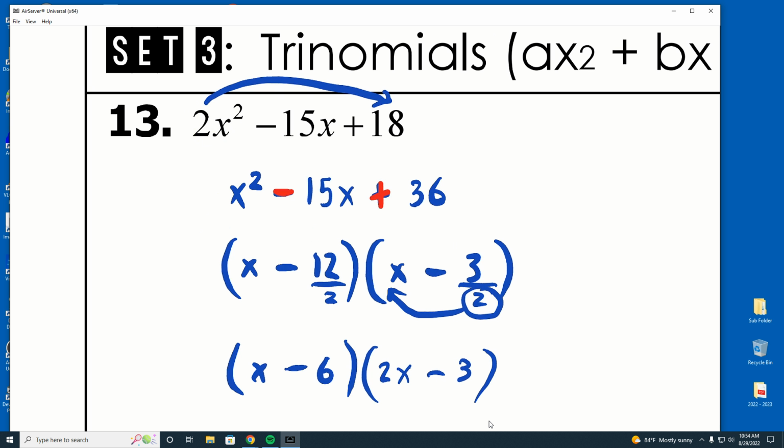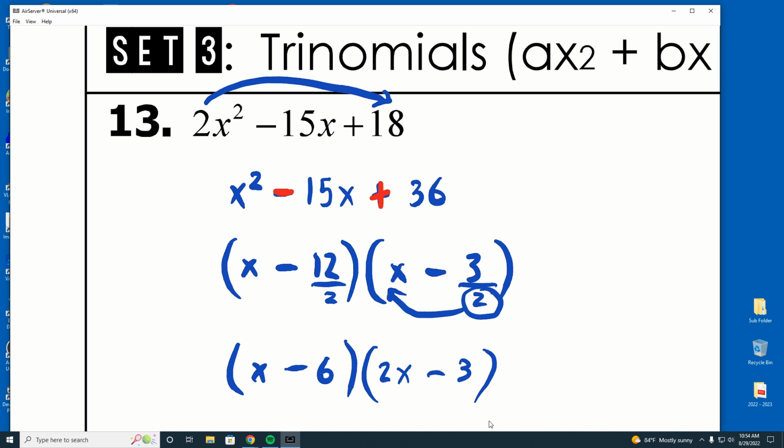Yes? Why didn't you just take them to 2 and be done, like, the 15 divided by 2 would be negative 7 on the bottom right? Like, why can't you just make it this? At the very beginning, whenever we're trying to pull the 2 out, you said you can't pull it out of the 15, but you could, it'd just be a decimal.